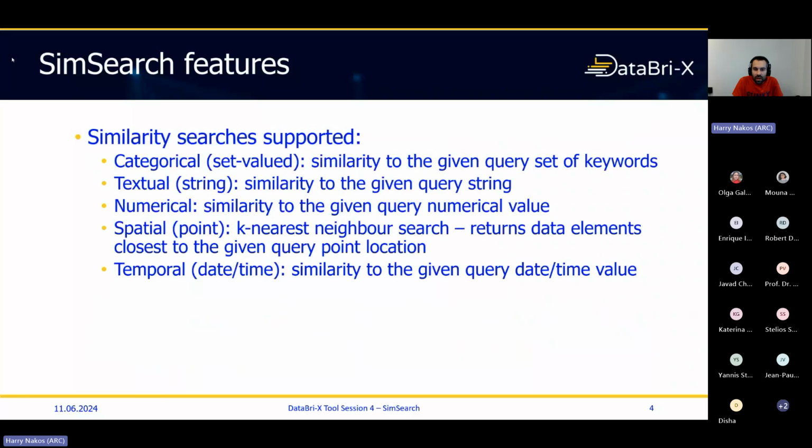Spatial, where points are checked for how close together they are, and k-nearest neighbor search is performed in that case. And temporal, which is not much different than numerical, where the dates and times are checked regarding how close they are together.